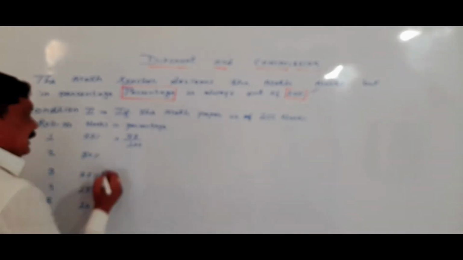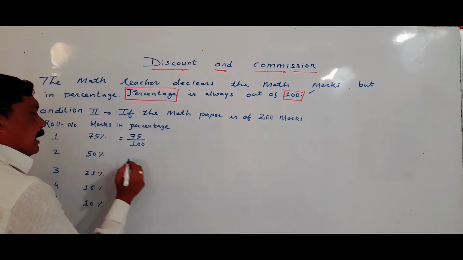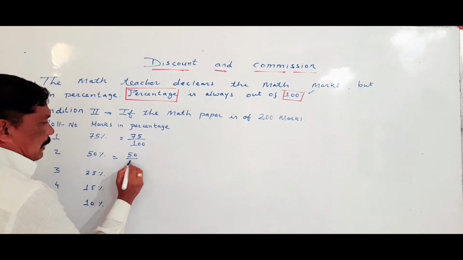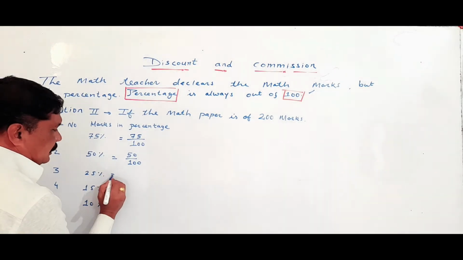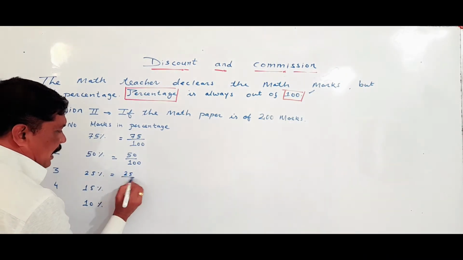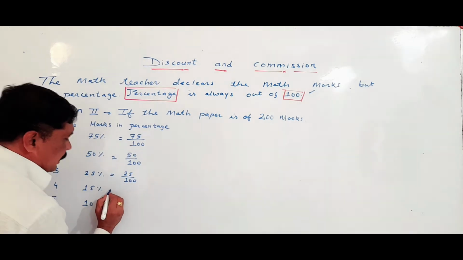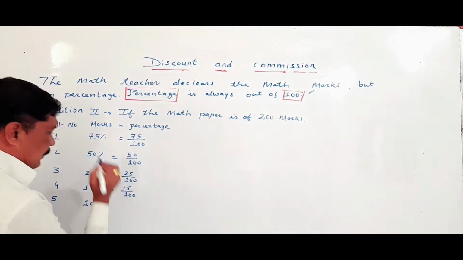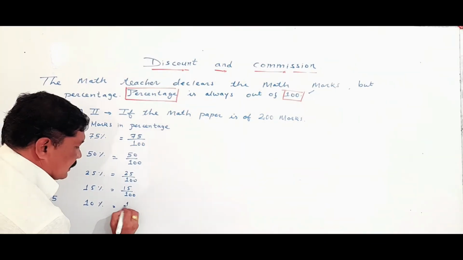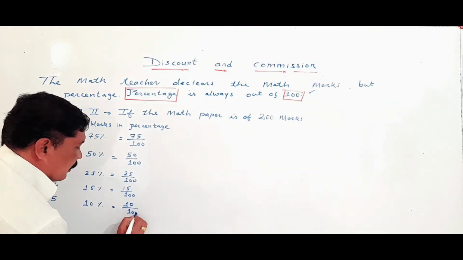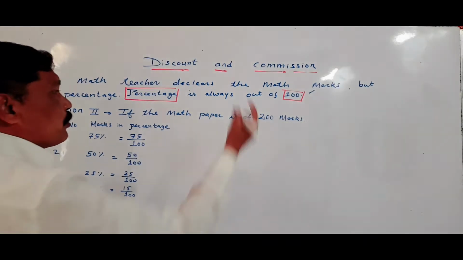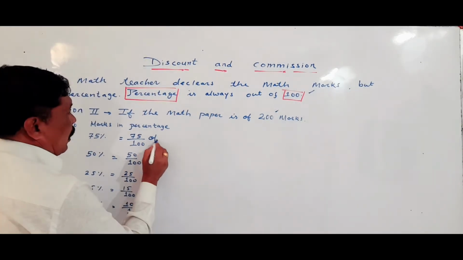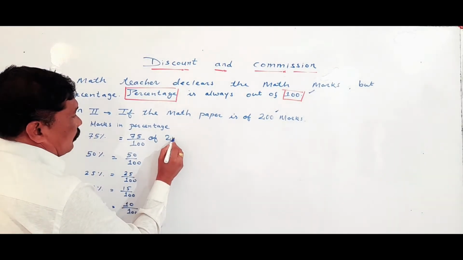So 75% can be written as 75 by 100. 50% can be written as 50 by 100. 25% can be written as 25 by 100. 15% can be written as 15 upon 100 and 10% can be written as 10 upon 100. But of 200 marks, because the paper is of 200 marks, so of 200.